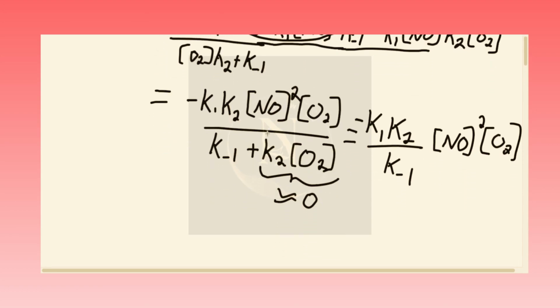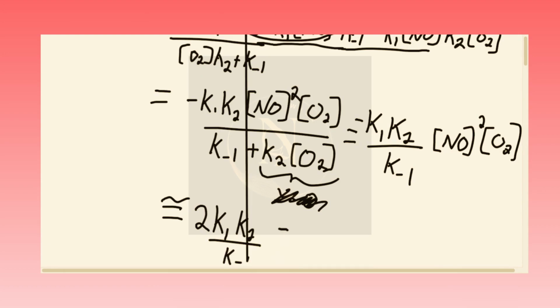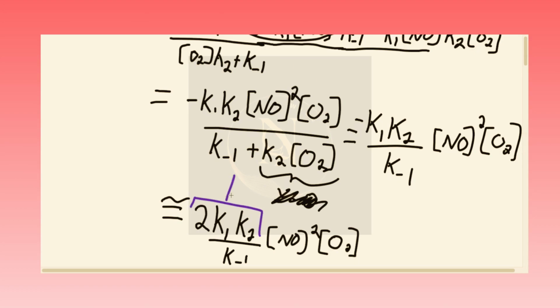Now, if we really wanted to, we could crunch all of this down and we could realize that if we don't make this assumption, this goes approximately to 2k₁k₂ over k₋₁ times [NO]² times [O2]. And once we do this, we realize that this term right here is big K.